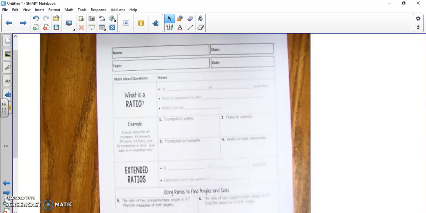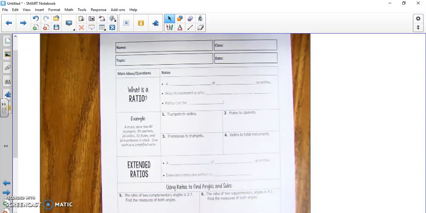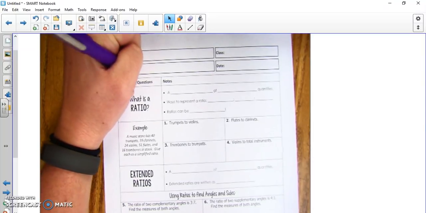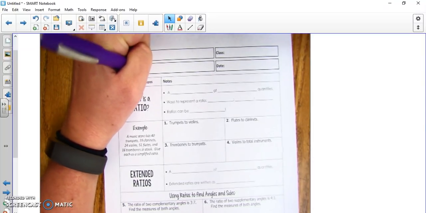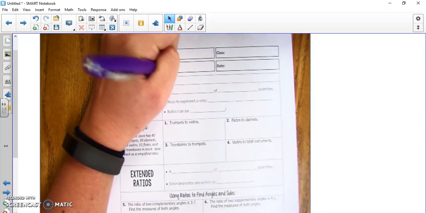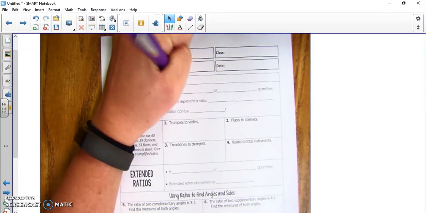Alright, so today we are going over some ratios and proportions. So this should be a review for you guys. So ratios and proportions.